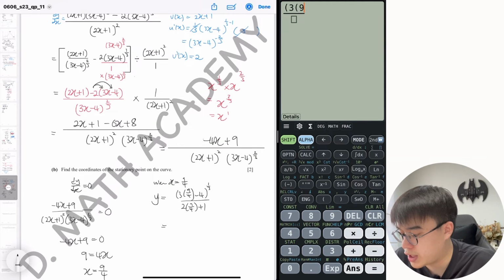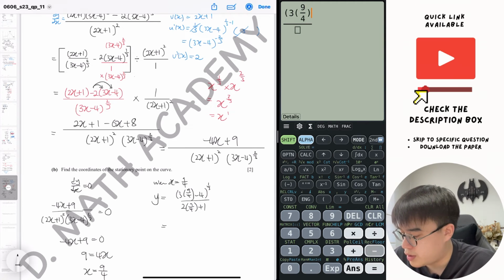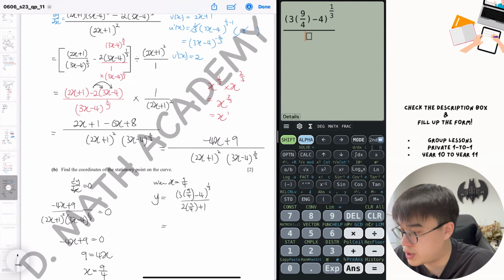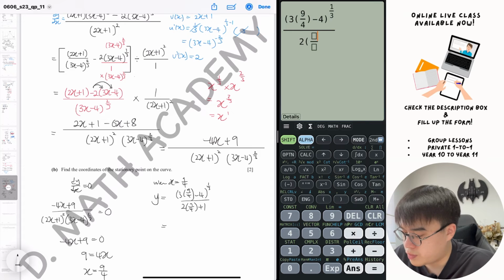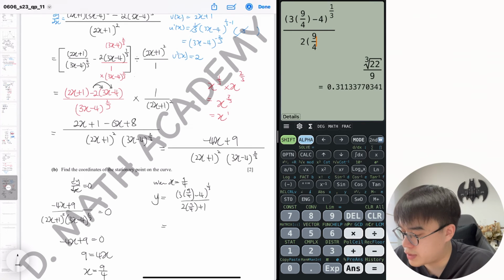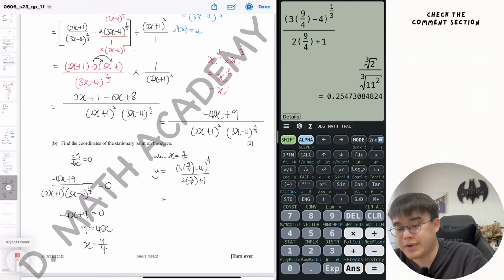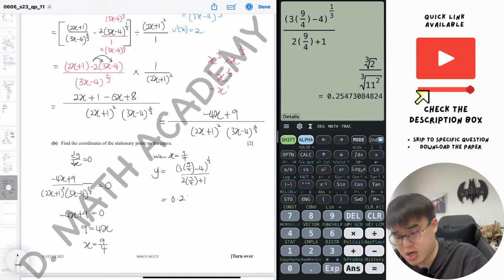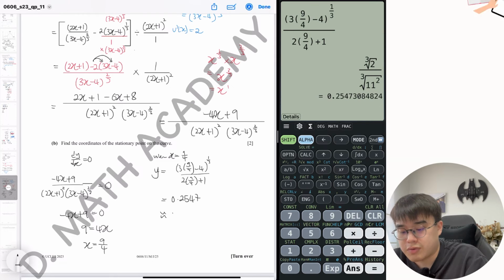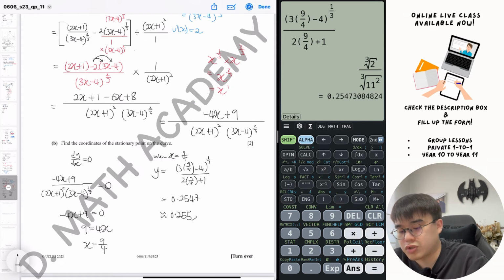Since they didn't mention, it must be exact results. So you'll be able to use these values that you calculated here and round it up to 3 significant figures.